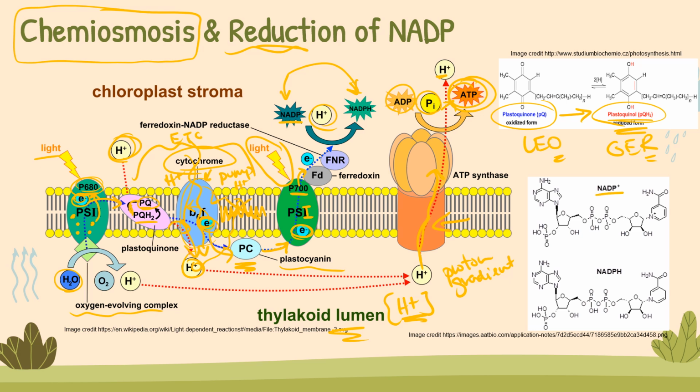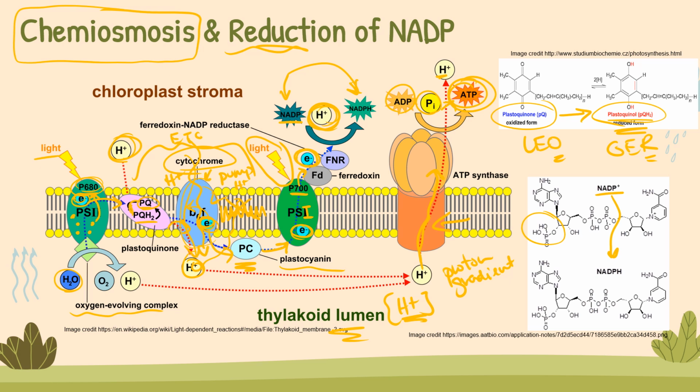So NADP, just like NAD in respiration, except there's this extra phosphate group on it. So we are going to grab onto some electrons and also some hydrogens to reduce the NADP to NADPH.